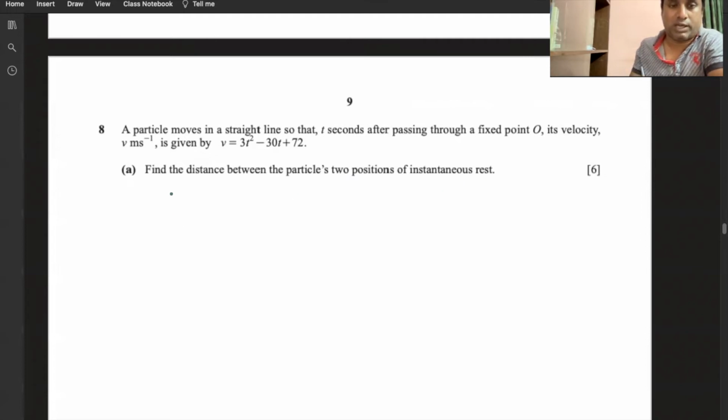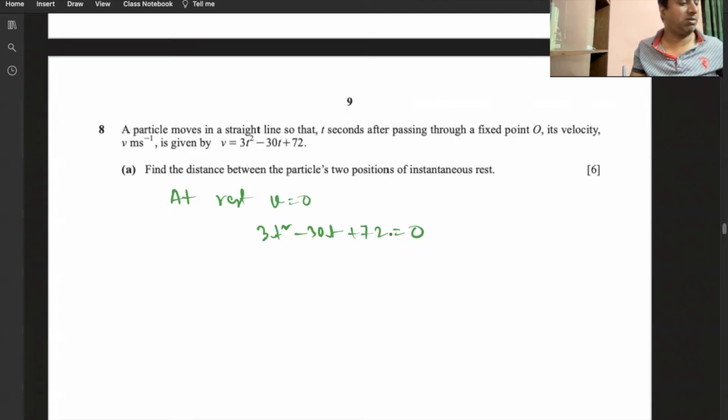At rest v equals 0, so 3t square minus 30t plus 72 equals 0. Divide by 3: t square minus 10t plus 24 equals 0. Simplifying, we have t equals 4 and t equals 6.